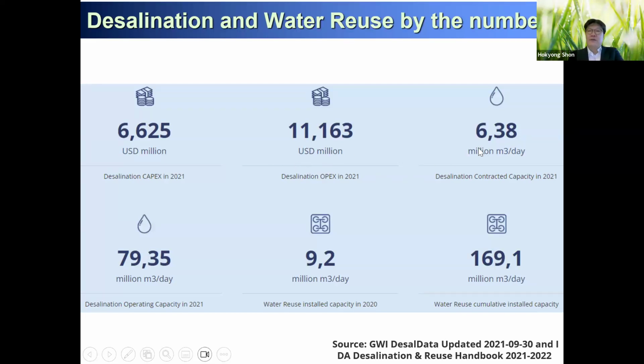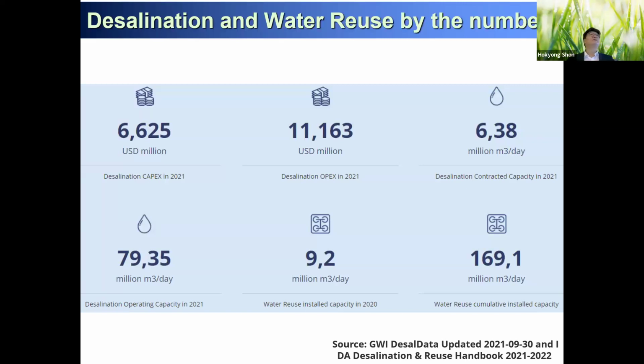And desalination contracted capacity is almost 6.38 million cubic meters per day. Also desalination operating capacity is 79 million cubic meters per day, 9.2 million cubic meters per day of water reuse installed, and 169 million cubic meters per day of water reuse accumulated installed capacity.